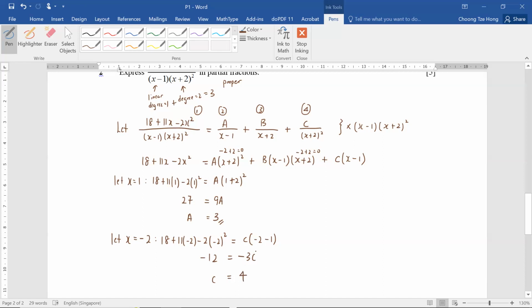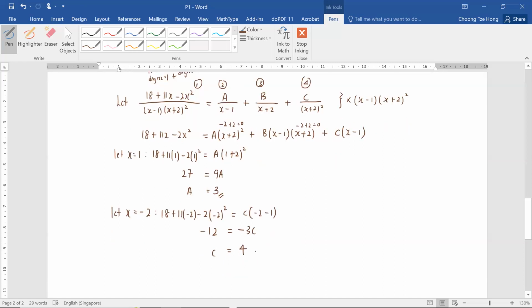Then finally to find B, actually now you can also let x be certain values, but let's say I want to use another method, which is to equate coefficients. Which coefficient should I equate? Actually there are three choices, but one is particularly easy, which is to equate the coefficient of x squared.